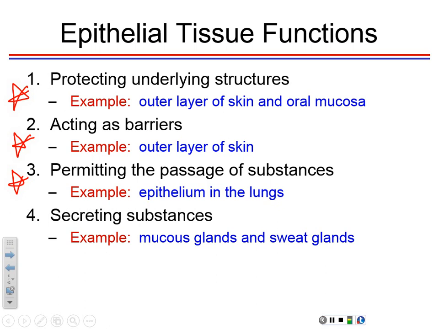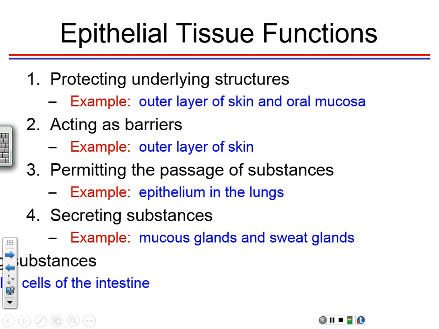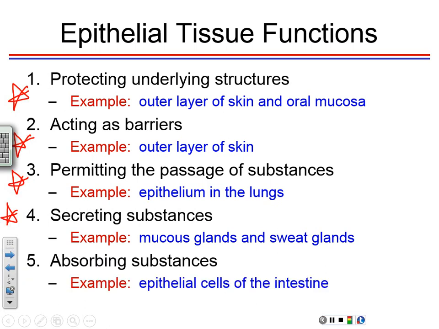That was another thing that you had trouble with in the modules, classifying a gland that is a single cell. It's unicellular. So secreting substances: mucus glands, and sweat glands would be the multicellular ones, and the multicellular ones will be classified according to the different shapes of those glands, and how they secrete the product. And we'll talk about that when we get there.